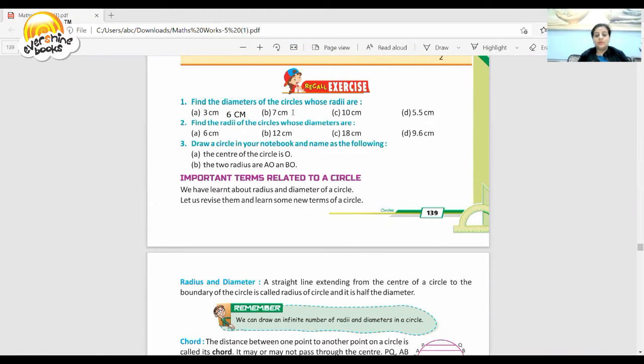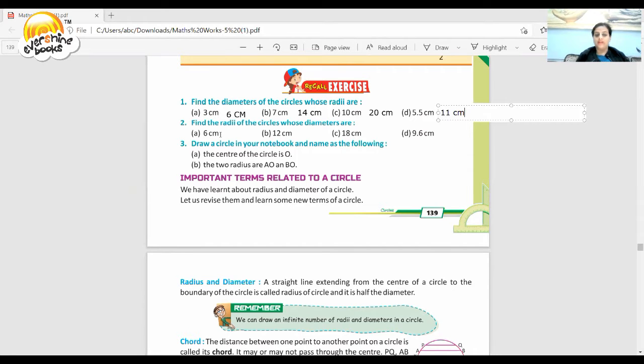Now 7 into 2 is 14 centimeter. 10 into 2 is 20 centimeter. 5.5, when you multiply it with 2, you will get the answer in decimals. So here 11 is the answer. 11 centimeter will be the answer. 11.0 means 11 centimeter.